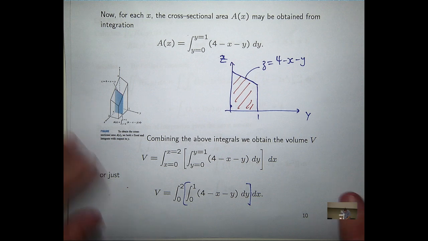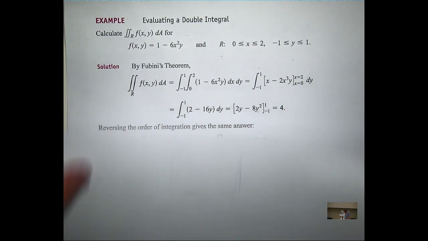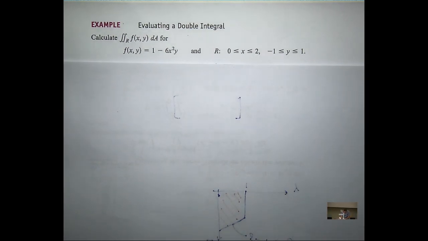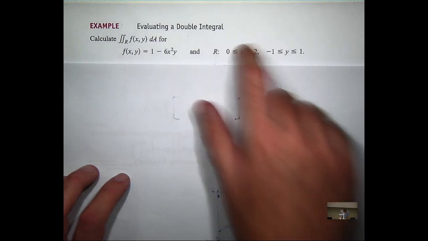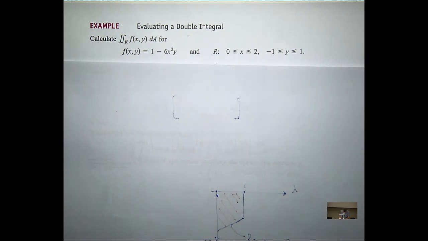Okay, so just to reinforce that, here's one that I've created earlier. A function of two variables. In this case, our rectangle is here. Let's do it two ways. Fubini's theorem says I can do this integral two ways.